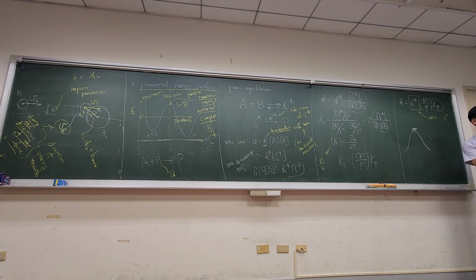Okay? So let's assign to the vibrational motion of this molecule across the reaction coordinate, on top of the reaction coordinate, some frequency nu. And then we say, okay, then K double dagger is basically defined by nu.